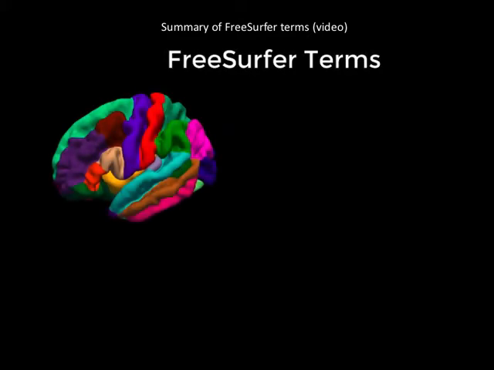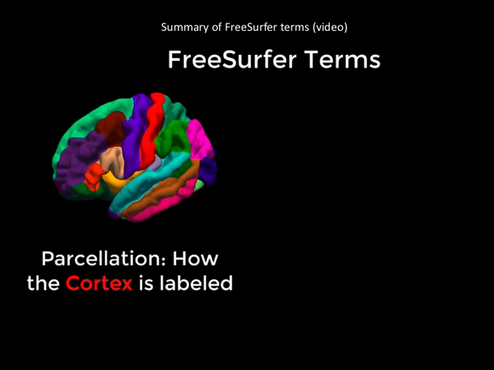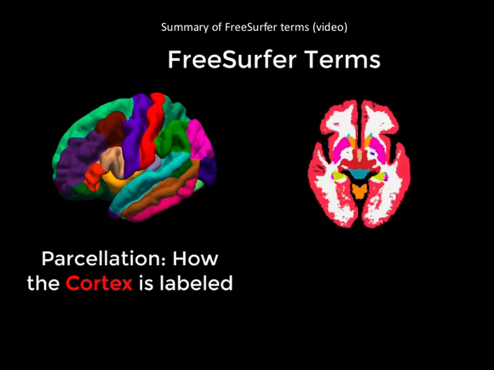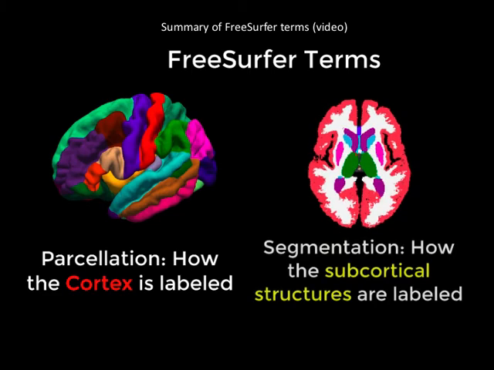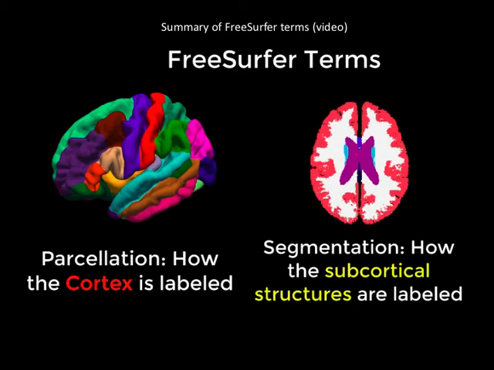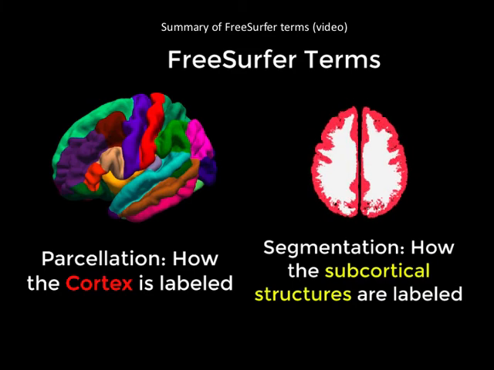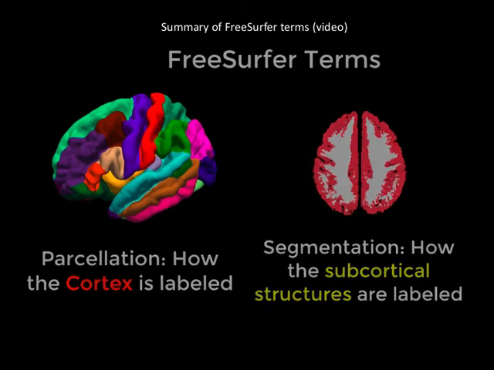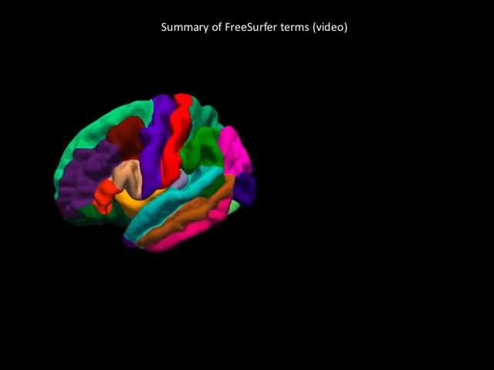Okay, so here's a brief animation giving you a summary of the FreeSurfer terms that you'll be encountering. So FreeSurfer parcellates the cortex. The cortex is called a parcellation, and then the subcortical structures are segmented. And you'll see those called segmentations, so just to get familiar with the basic terminology.